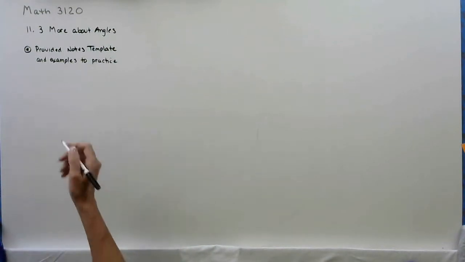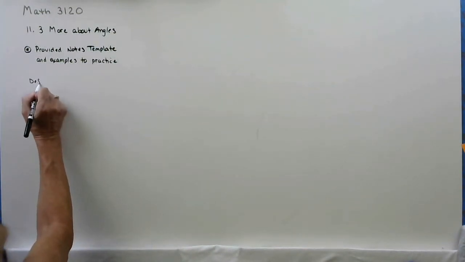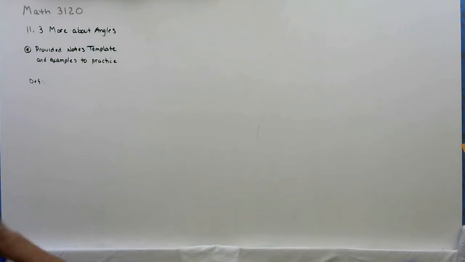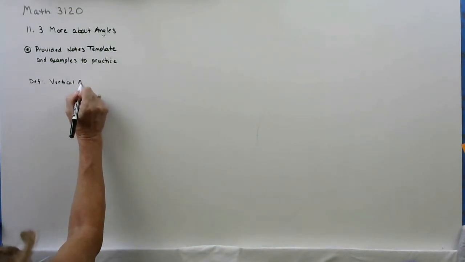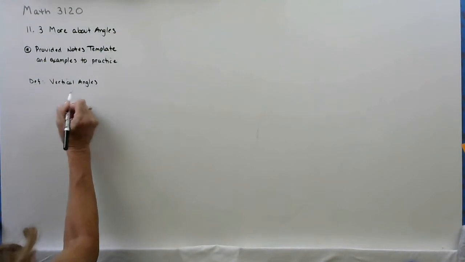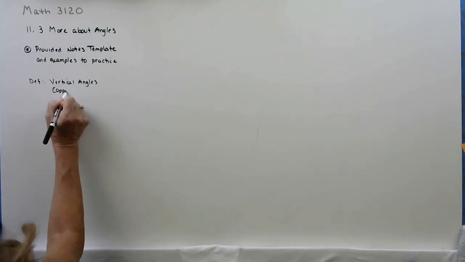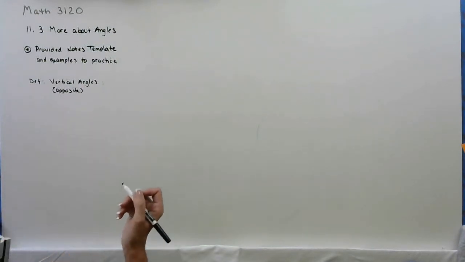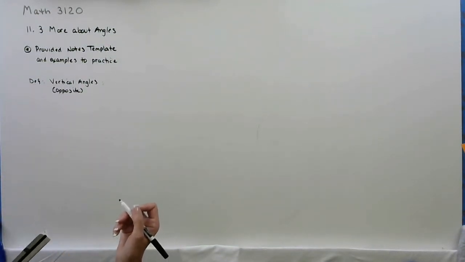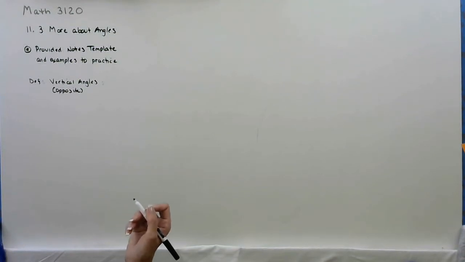So the first definition we want to take a look at with angles tonight are vertical angles. These can also be called opposite angles. And vertical angles are the intersection of two rays, okay?